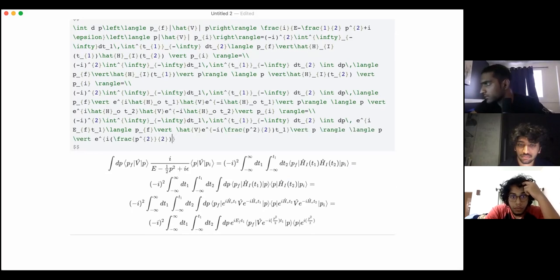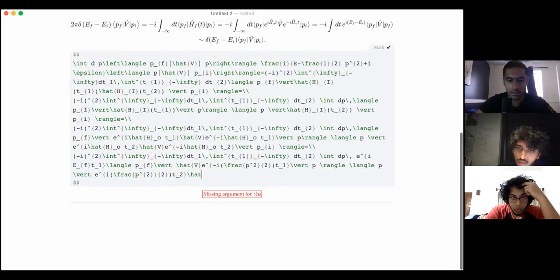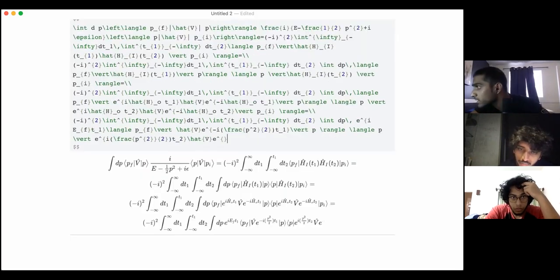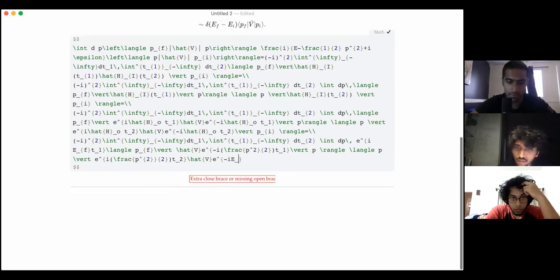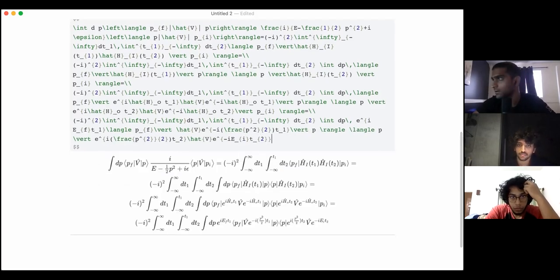And what's the time going to be? t2. Then we pull out another E term. This is going to be minus i E_I t2.